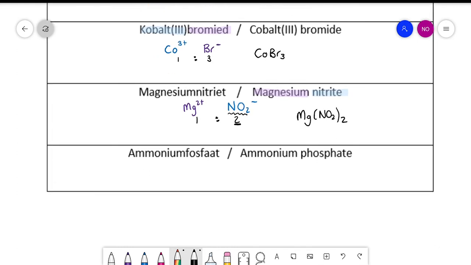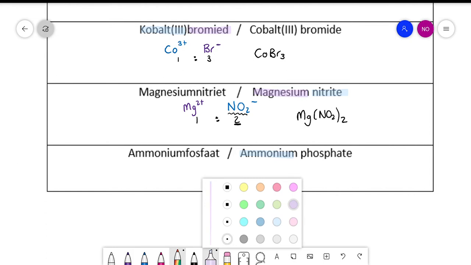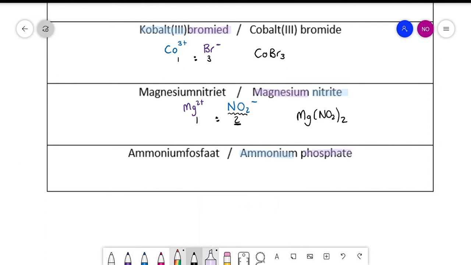Okay, then we get to ammonium phosphate. So, ammonium phosphate. Okay, ammonium we know is NH4+, and phosphate is PO4 3-.